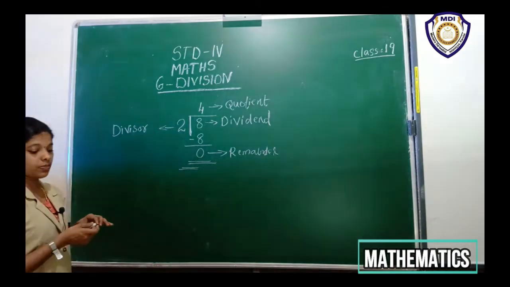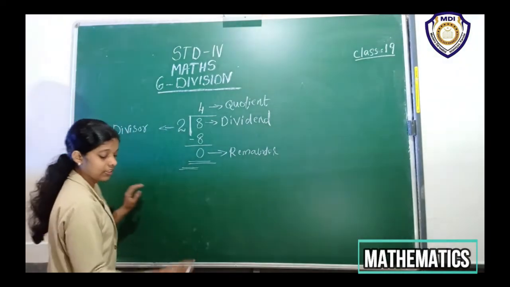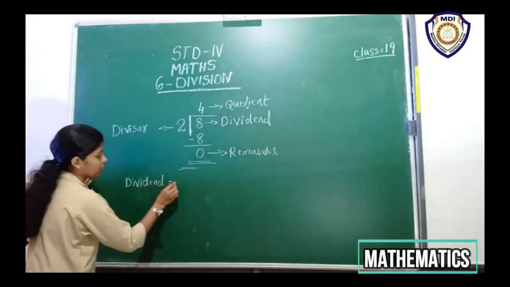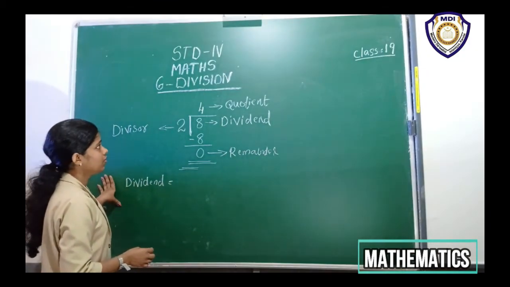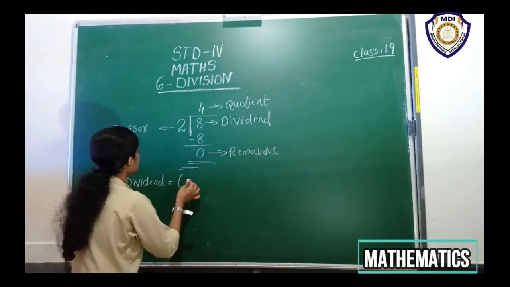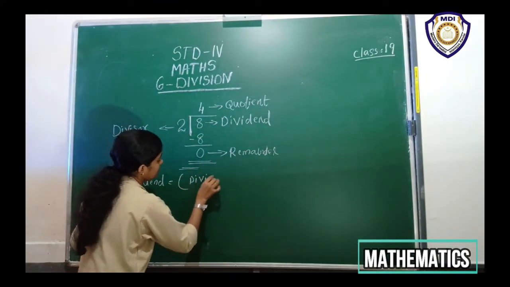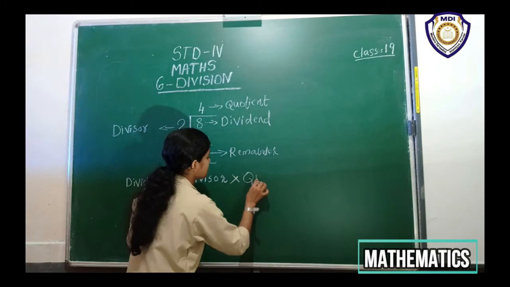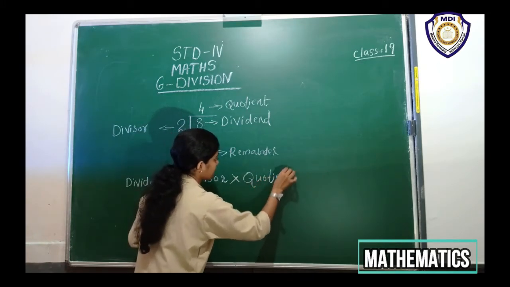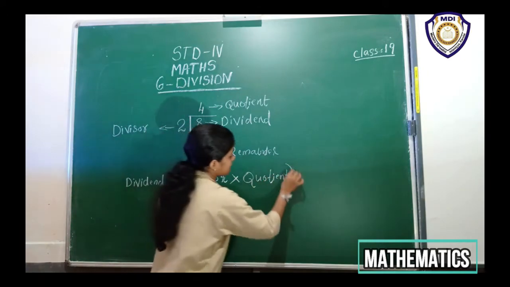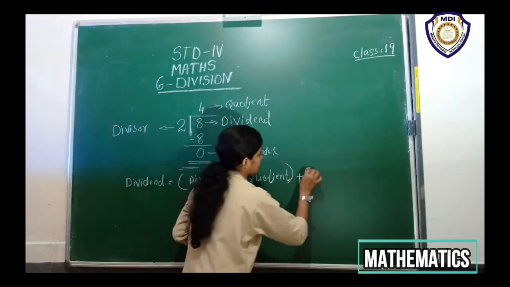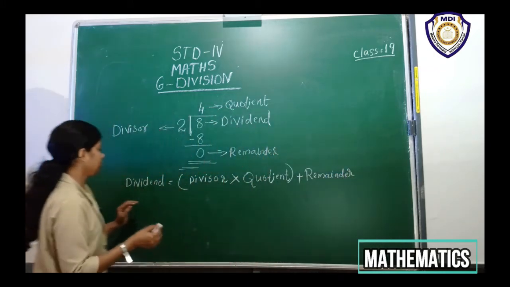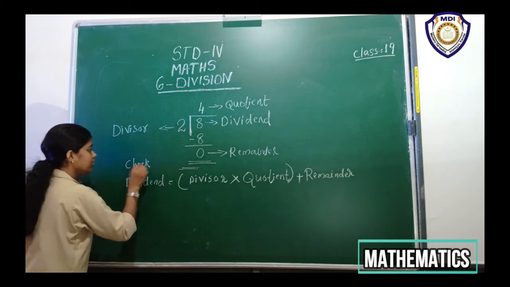We can check the division by the following rules. Some rules are there. Here, dividend equal to divisor into quotient plus remainder. How to check your answer?